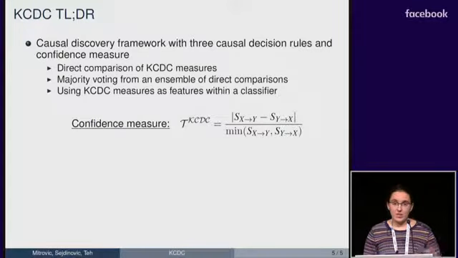You can do majority voting by ensembling lots of these direct comparisons. Or, given that KCDC measures are particularly expressive in terms of the causal relationship, you can also use them as features within a classifier. And we also propose this confidence measure, which is the relative difference between the KCDC measures.